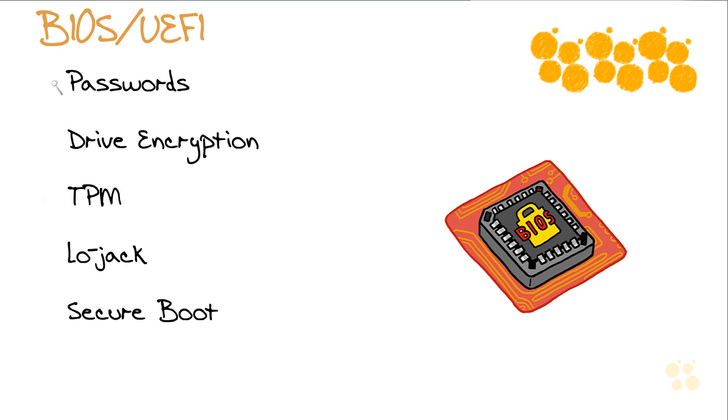I wanted to elaborate on BIOS security with you. We certainly saw that passwords could be set in my case, but realize that you could also work with the BIOS in order to make sure that the drive is encrypted. How cool, so that if someone were to try and read the contents of the disk drive in your system, they cannot. A great example of this is in Windows, and it's called BitLocker. So BitLocker allows you to give this great encryption to the entire drive, helping to protect the data that's on it.